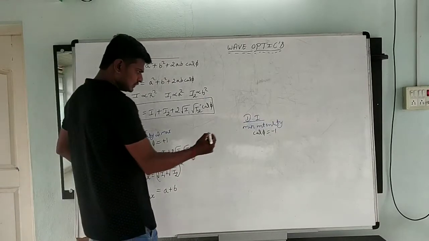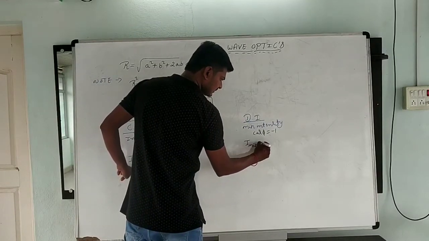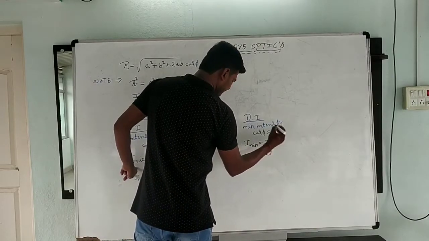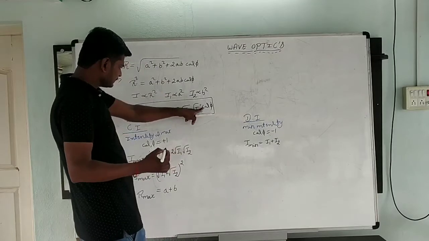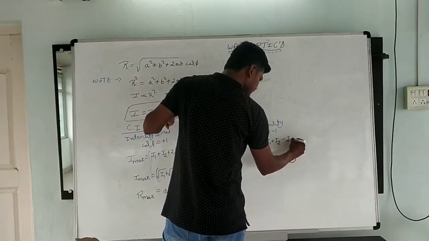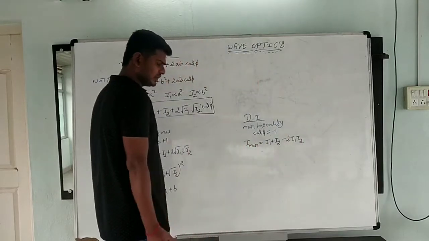When cos phi is equal to minus 1, what does it become? Minimum intensity, I minimum, is I1 plus I2 minus 2 root I1 I2.